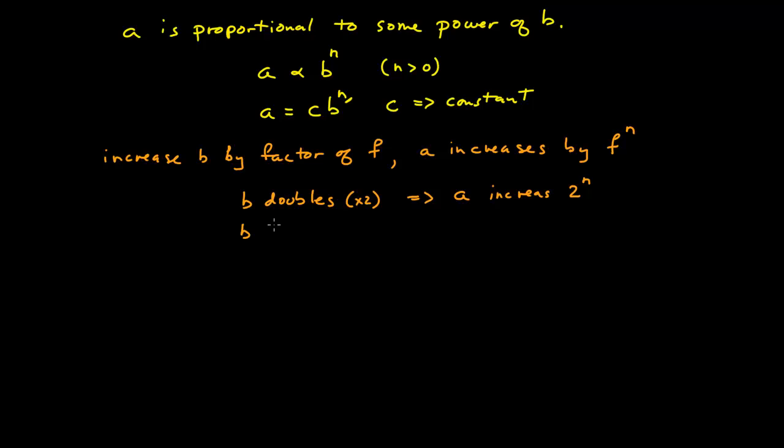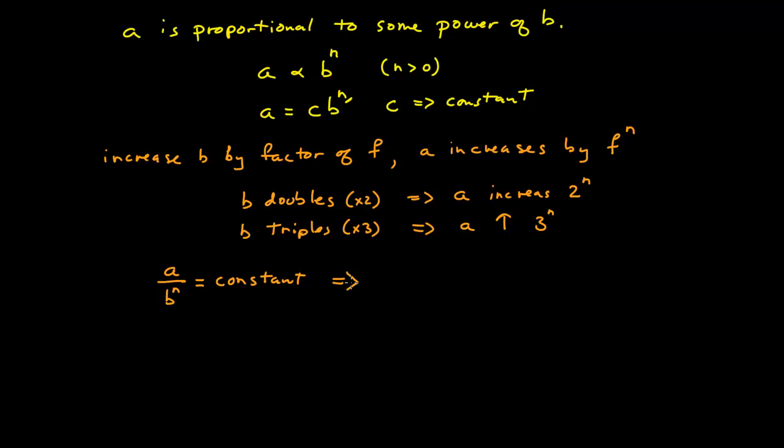If B triples, we increase B by a factor of 3, then A increases, I'll use a little arrow meaning increases so I don't have to keep writing it, by a factor of 3 to the n. And so if we look at the ratios, we see that A over B to the n is equal to a constant.